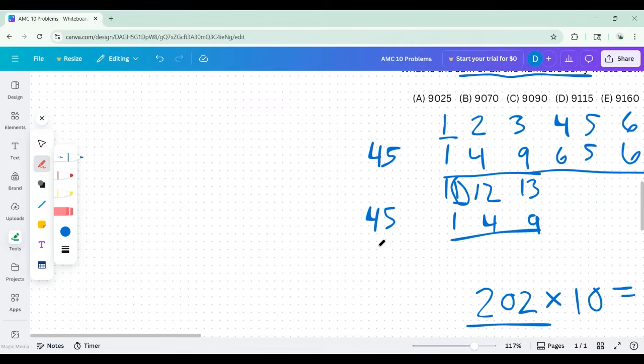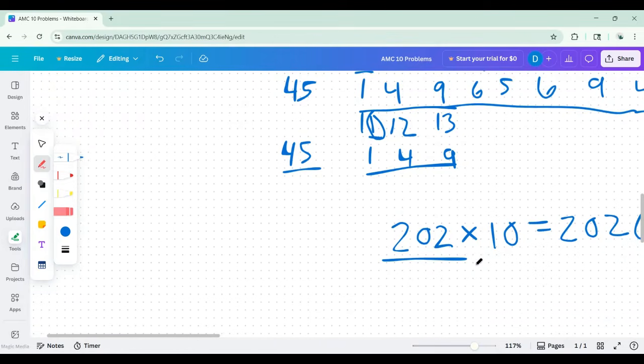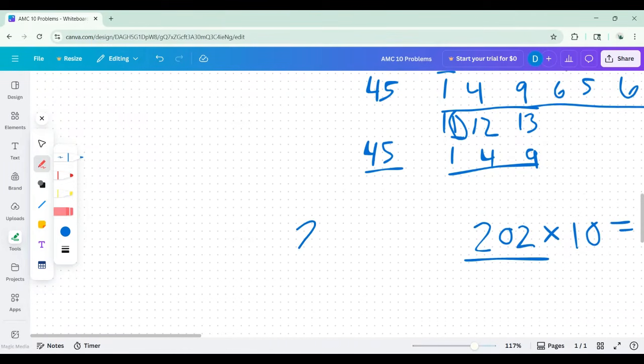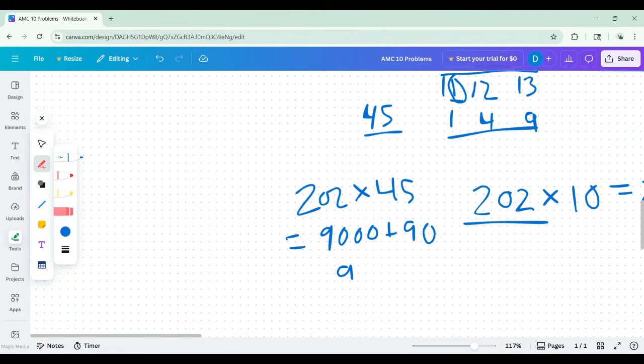The sum of the units digits for each one of these batches is 45. So 202 batches times 45 is, I believe, 9,000 plus 90. So 9,090 is the sum of the units digits.